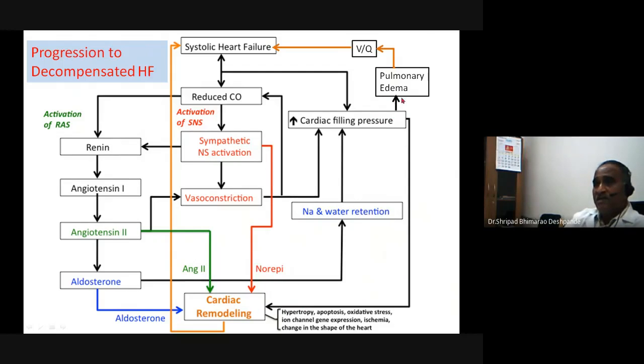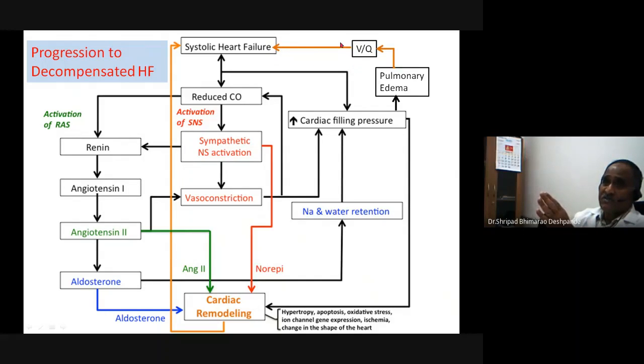Now what happens, this would produce pulmonary edema, and this pulmonary edema interferes with ventilation and perfusion. There is a total hypoxemic state, there is hypercapnia, and metabolites and metabolic toxins are accumulated, because all the vital organs suffer with oxygenation, and that would again depress the heart.